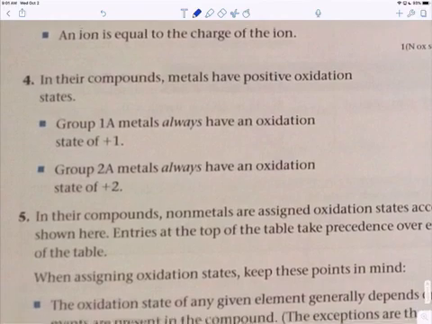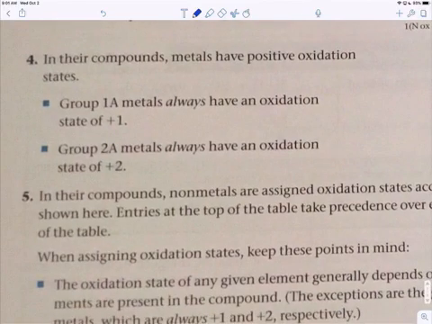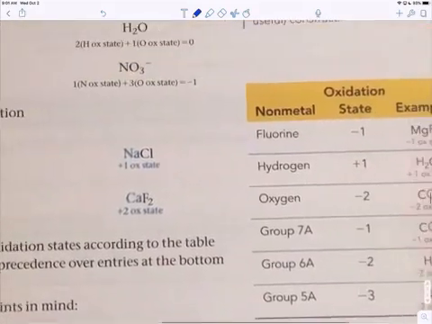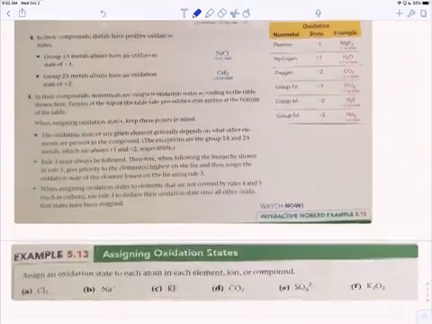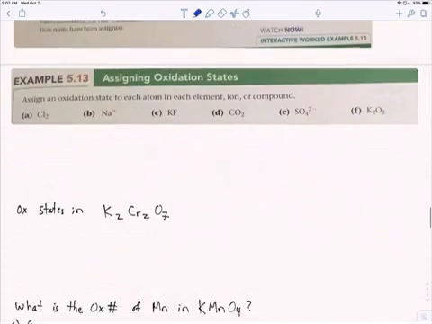Alkalis plus 1, alkaline earths plus 2 in compounds. Obviously, if they're free elements, they're 0. And then for all else, this chart here: fluorine tends to be -1, hydrogen plus 1, oxygen -2, halogens -1, oxygen family -2, nitrogen family -3. And we applied it for this example here.